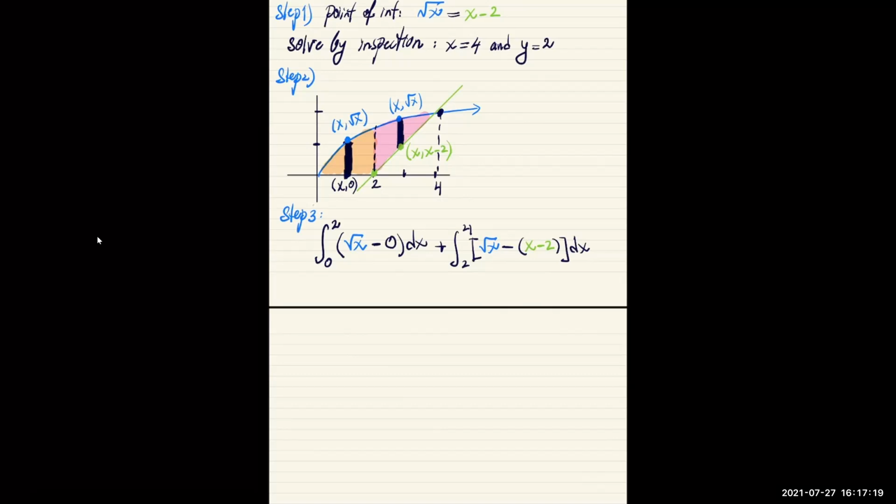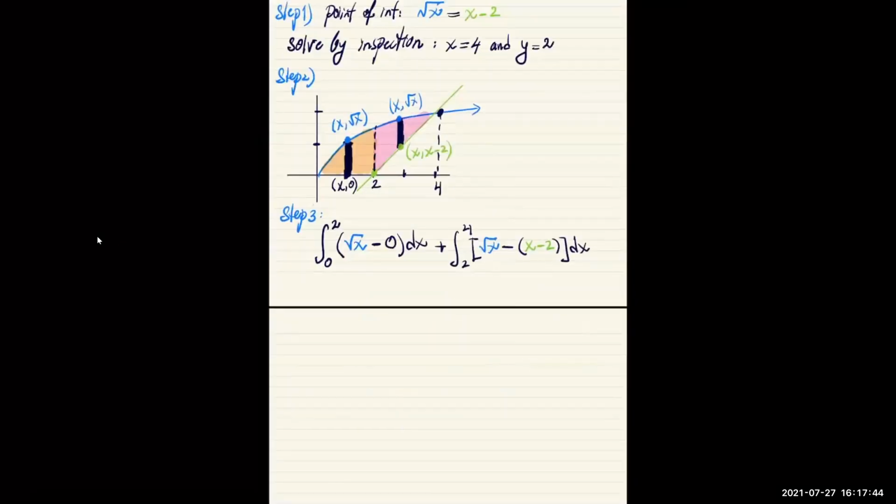Instead of doing two integrals, we can do just one integral. There is a shortcut, and that's when you change what you integrate with respect to. I'll show you after the break. So take a 15-minute break.